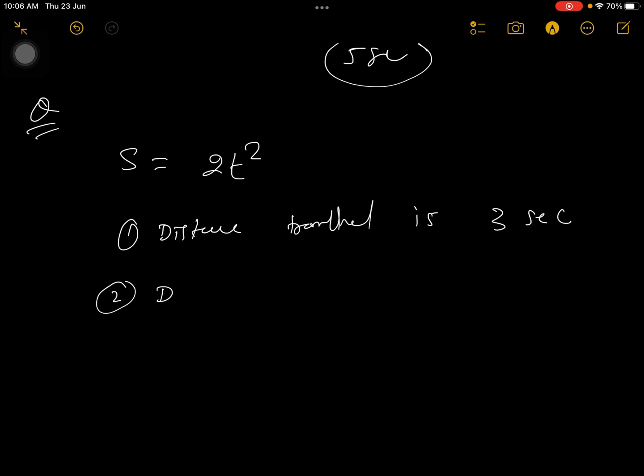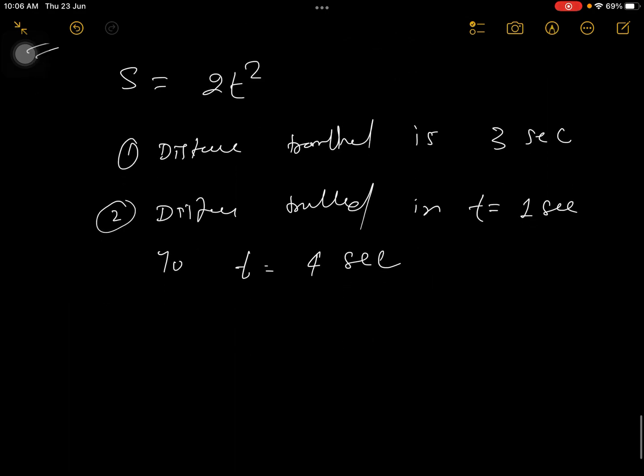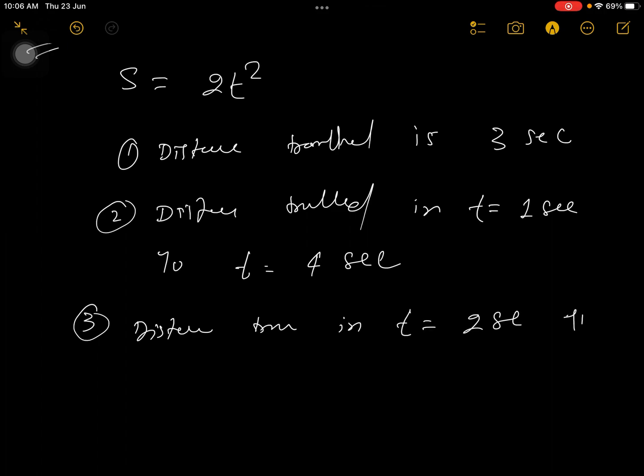And second question, distance traveled from t equal to 1 second to t equal to 4 seconds. Okay, and take one more question: distance traveled from t equal to 2 seconds to t equal to 5 seconds.